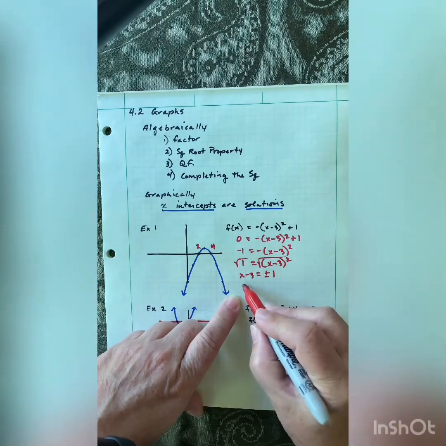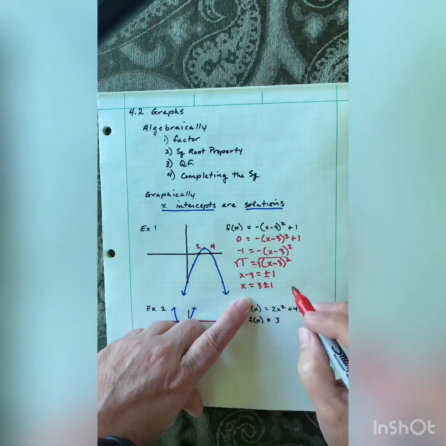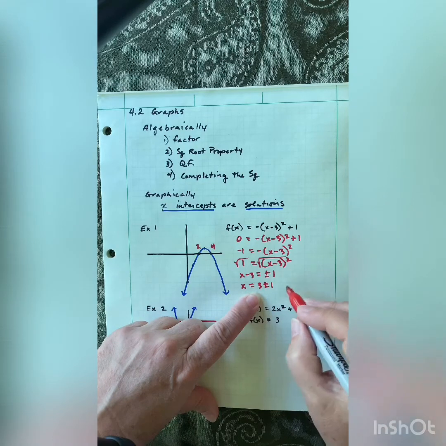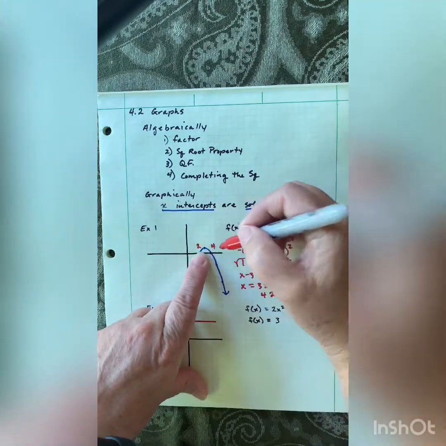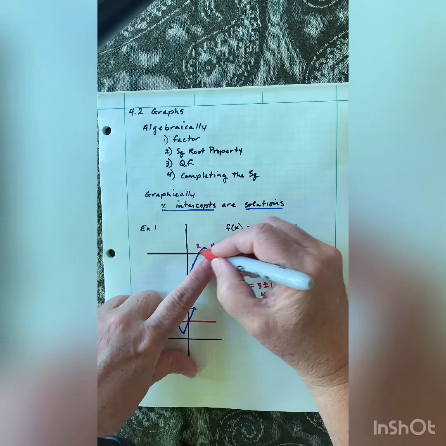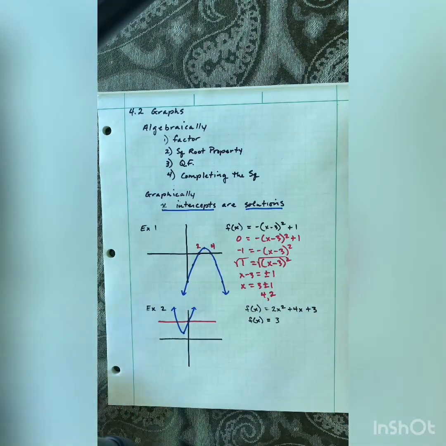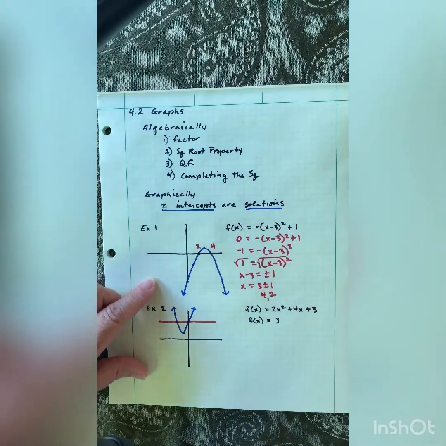Move the 3 over, so x equals 3 plus or minus 1. 3 plus 1 gives me a 4. 3 minus 1 gives me a 2. And isn't that what we got? So this does work. All that you have to do is come over here and look at it. It only takes a few seconds to count over.